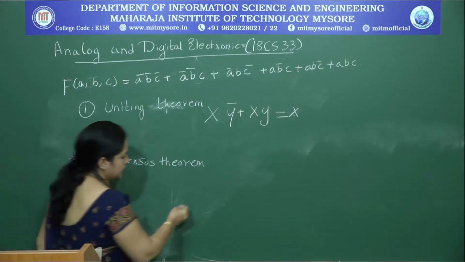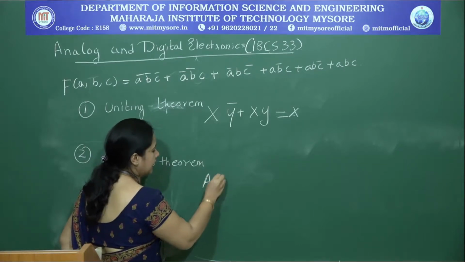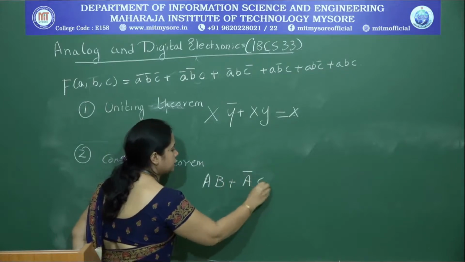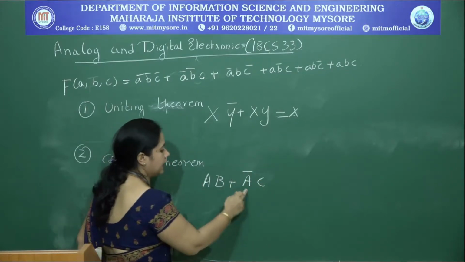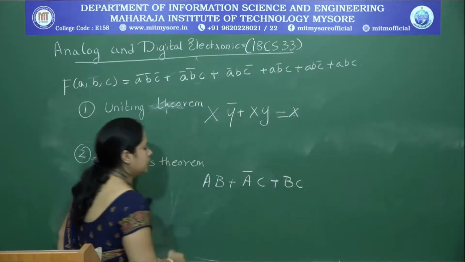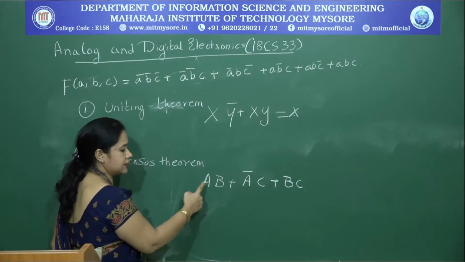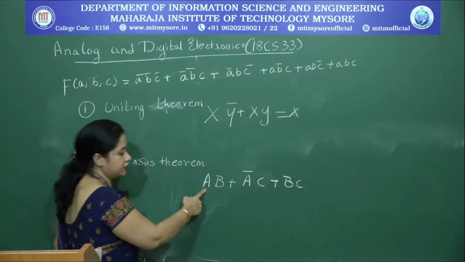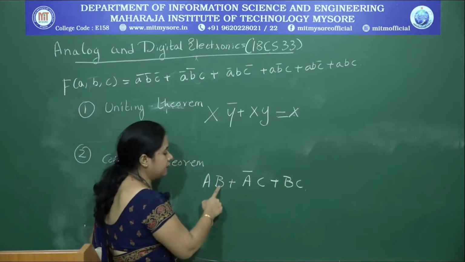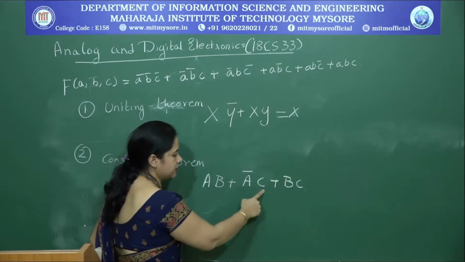According to the consensus theorem, say you have literals A, you have an expression something like this, AB and A bar C and BC. If you can see, literal A is appearing in its uncomplemented form in the first term and in complemented form in the second term, and we have a term which is formed by the product of the other two terms, that is BC.